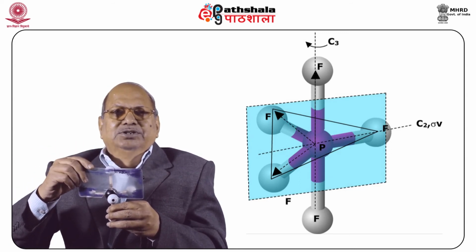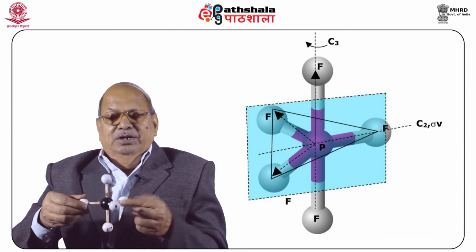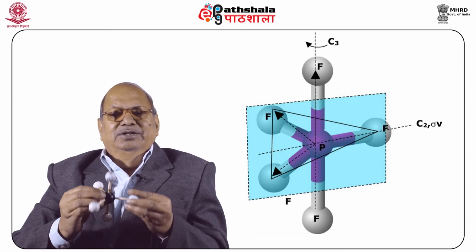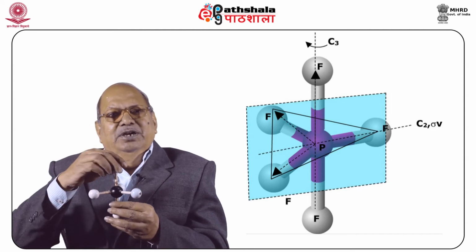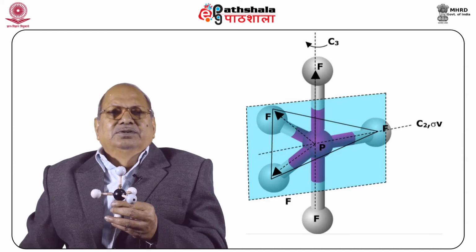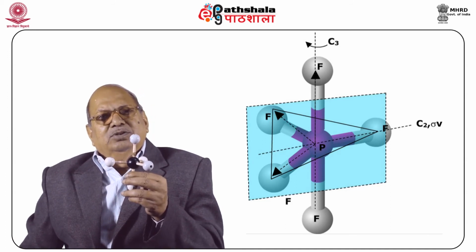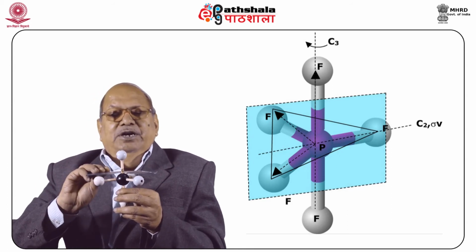So there are 3 sigma V's and 3 C2. I can take this also like this. So I am having sigma V, C2 and C3 axis, and I will see the effect of symmetry operation on these 5 vectors. This molecule also has sigma H.